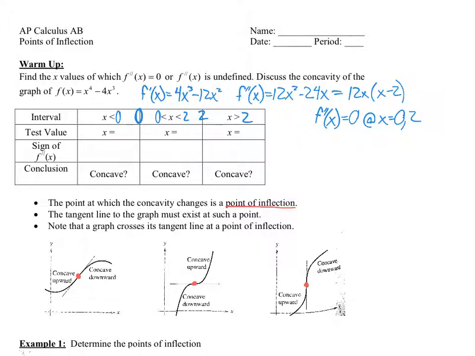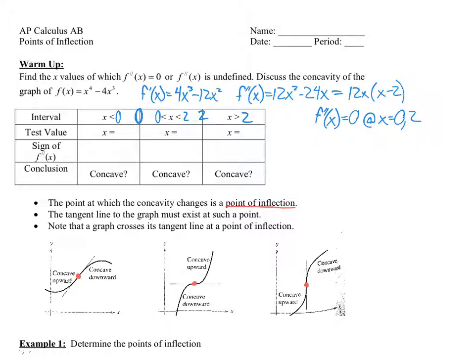Now we can simply plug in values in each of those intervals. Now notice, what am I plugging these values into? I'm trying to determine concavity, so I'm going to plug them into the second derivative.